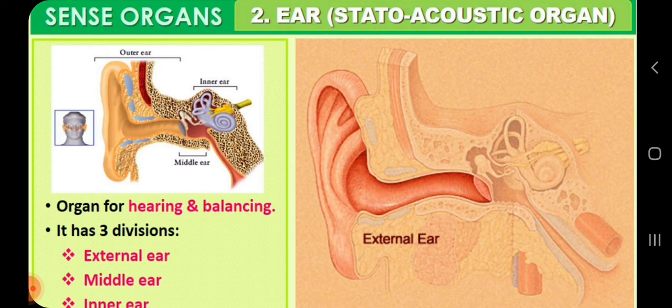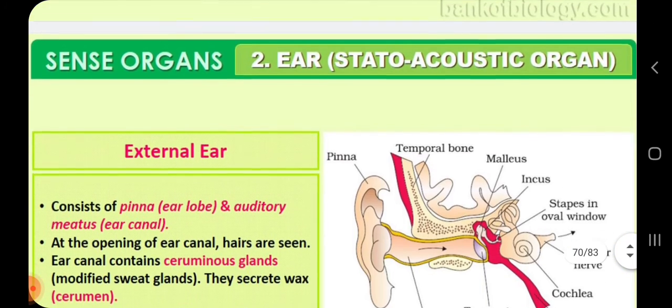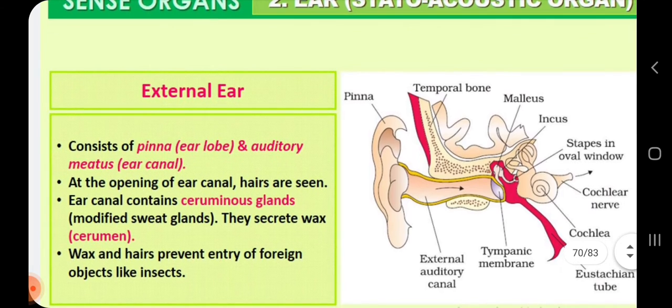The external ear consists of the ear pinna and the external auditory meatus. The ear pinna is also called the ear lobe, and the external auditory meatus can even be called the ear canal.